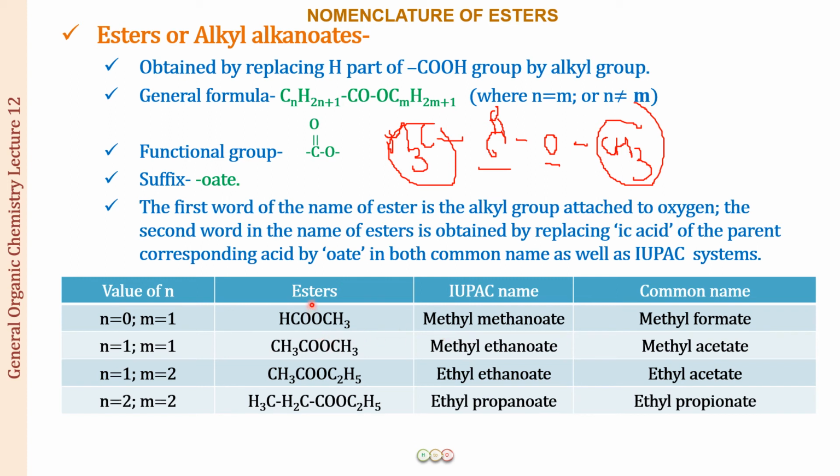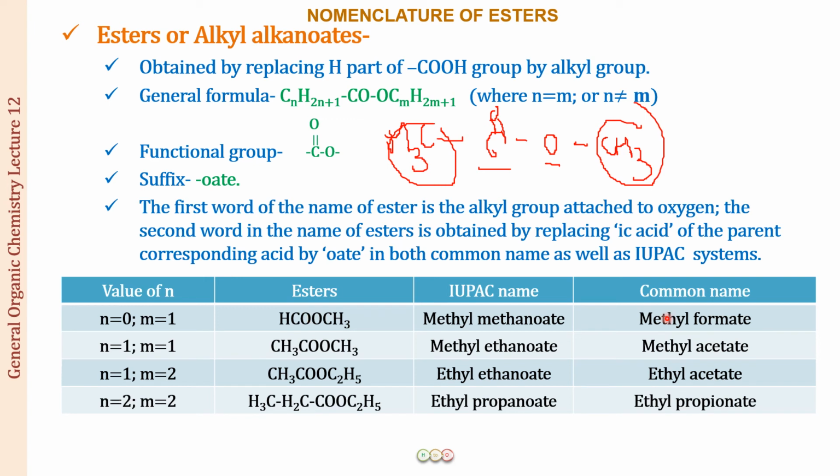Now the remaining part that is left after the methyl group, what would have been the acid had this not been an alkyl group? It would have been a hydrogen atom. It would have been methanoic acid, HCOOH. So now from the methanoic acid, we are removing the ic acid and replacing it by oate. So this becomes methanoate, methyl methanoate.